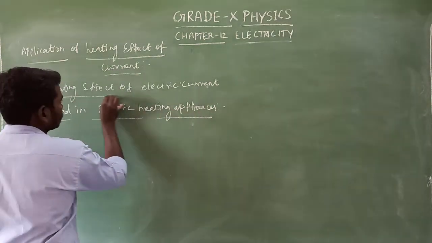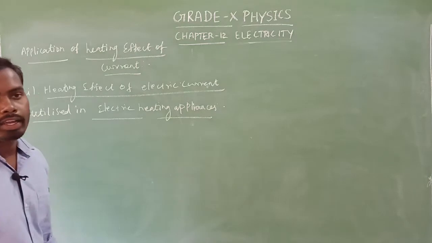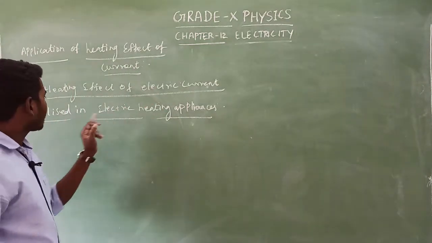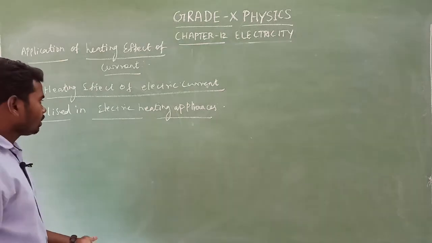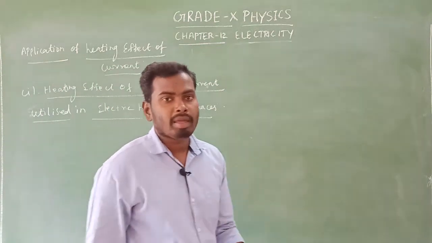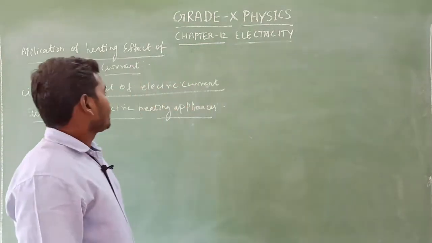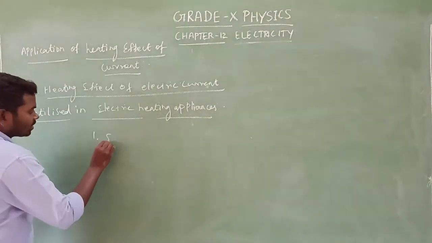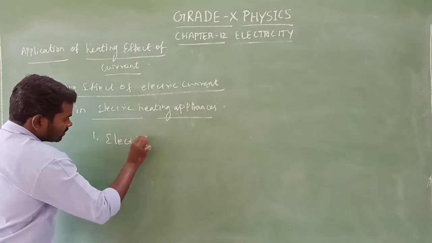Okay, look here. The first application of the heating effect of electric current is that it is utilized in electric heating appliances. Electric heating appliances such as, what are the appliances? Electric iron, generally we say iron box.